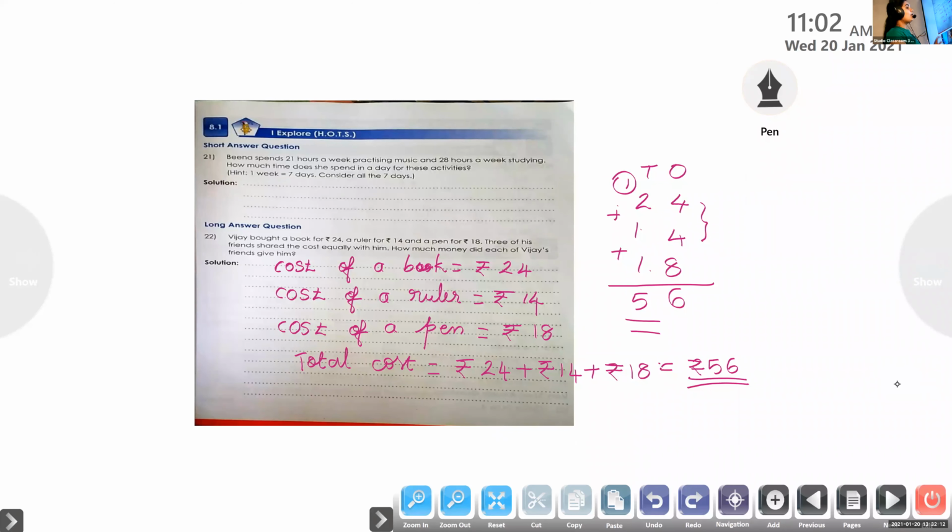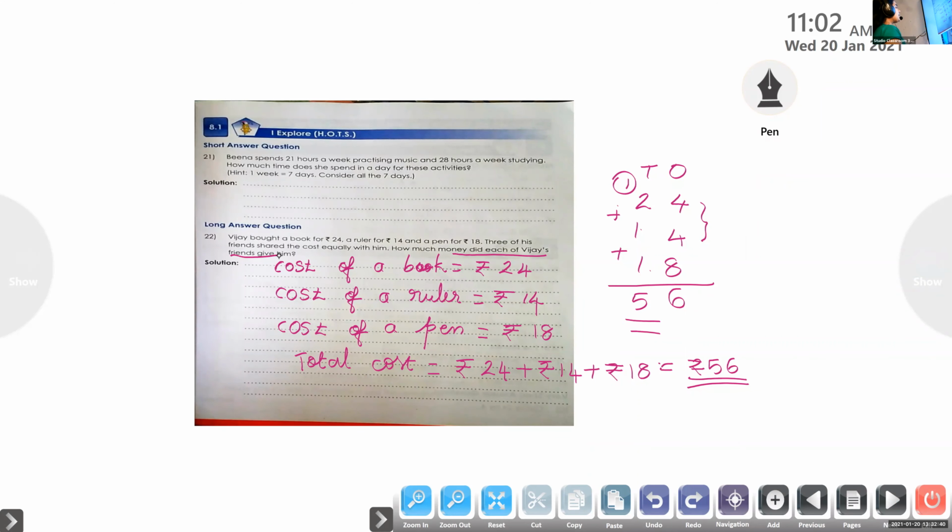Now, this question is not over. My dear children, this is the total cost. But they told us to find out how much money each of Vijay's friends gave. That means this total cost is shared equally by Vijay and his three friends.